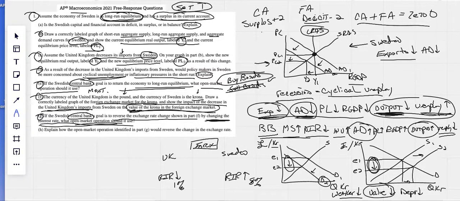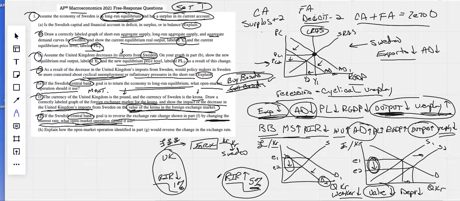If Swedish banks are paying 5% real interest while it's only 1% in the UK, UK citizens would want to take their pounds and dump them into the FOREX, and they'll buy Swedish krona, because they want to put those kronas in the banks to get that higher real interest rate.